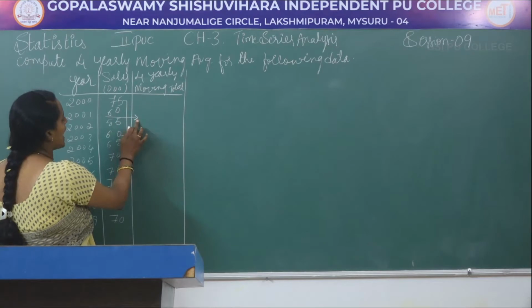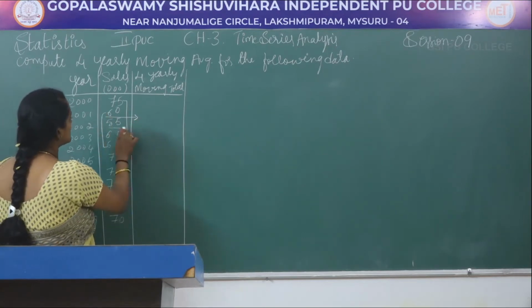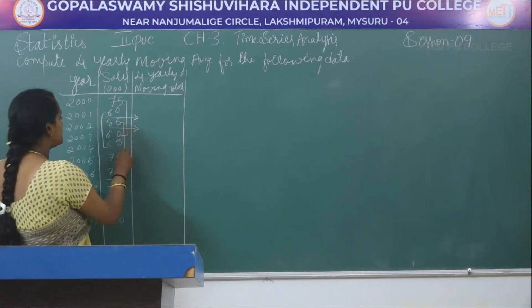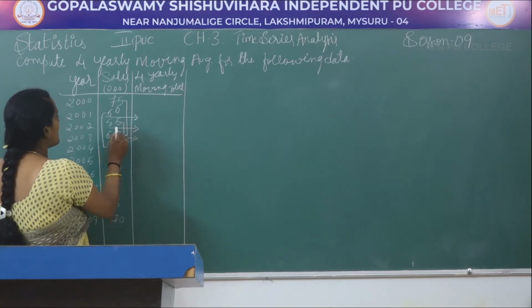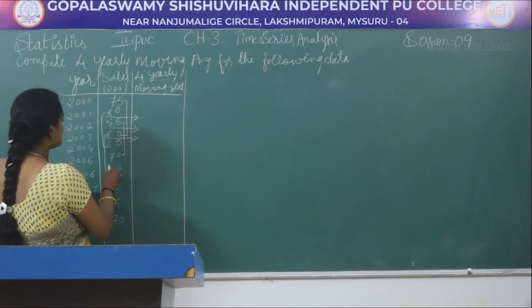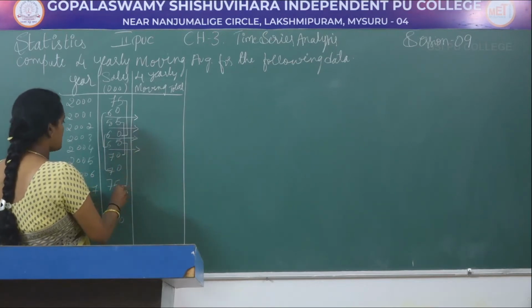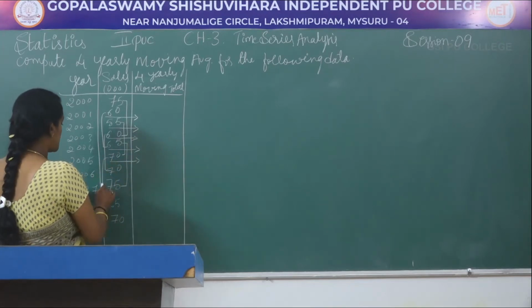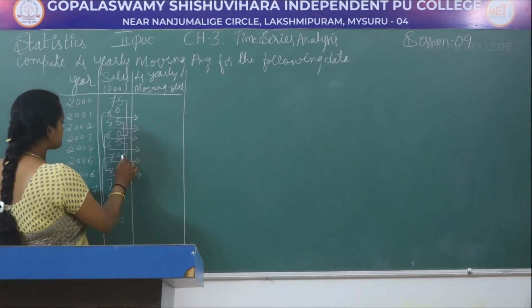I have shown that with the arrow mark, and the next 4, again this is the position, and the next 4, this is the position. So I am adding 4 numbers along with showing the position, so don't get confused.